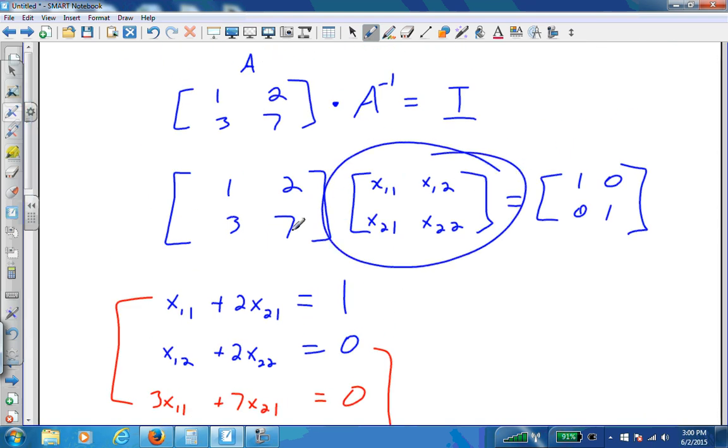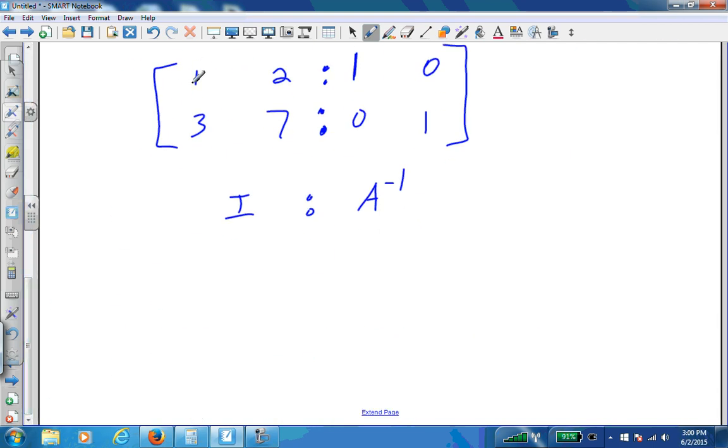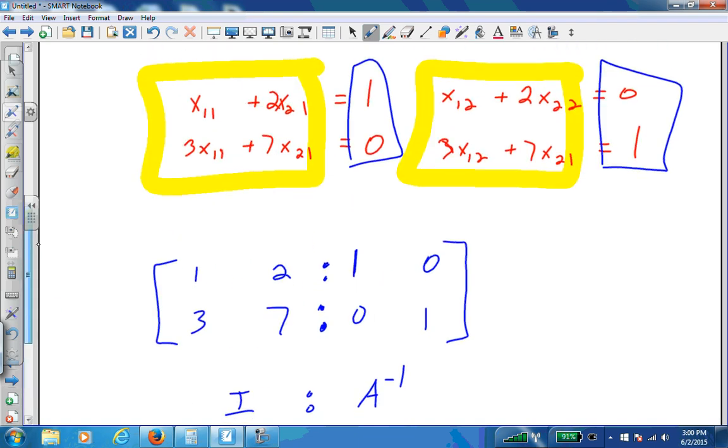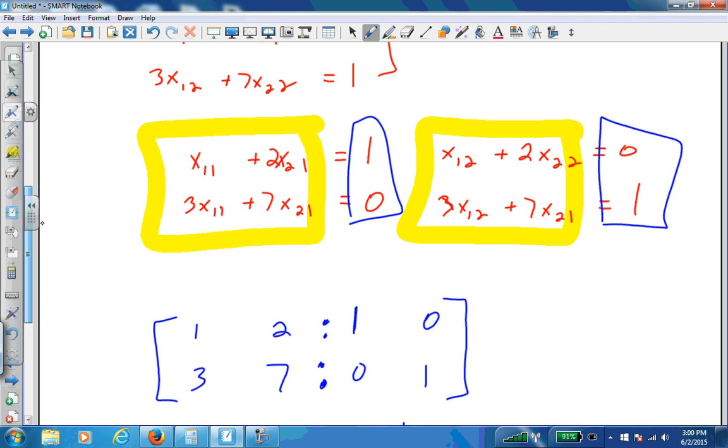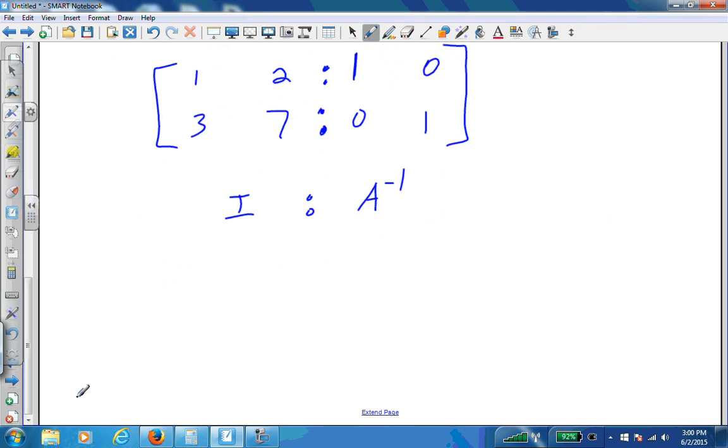It'll be the solutions of those x's. I think I labeled those backwards, but you get the idea.